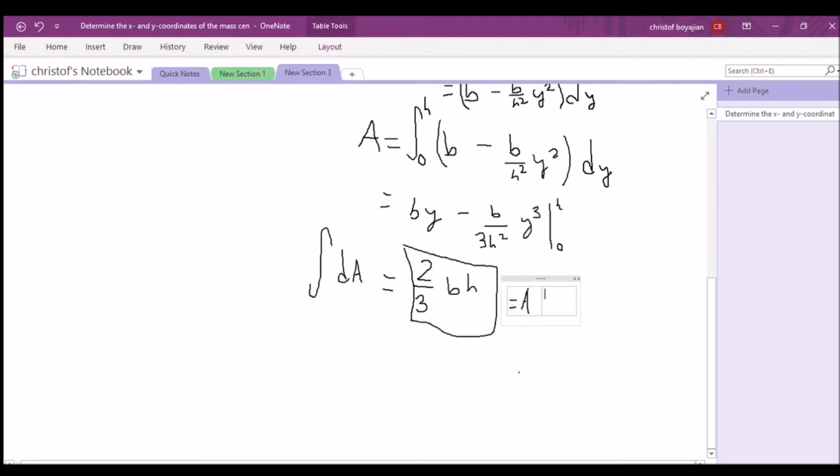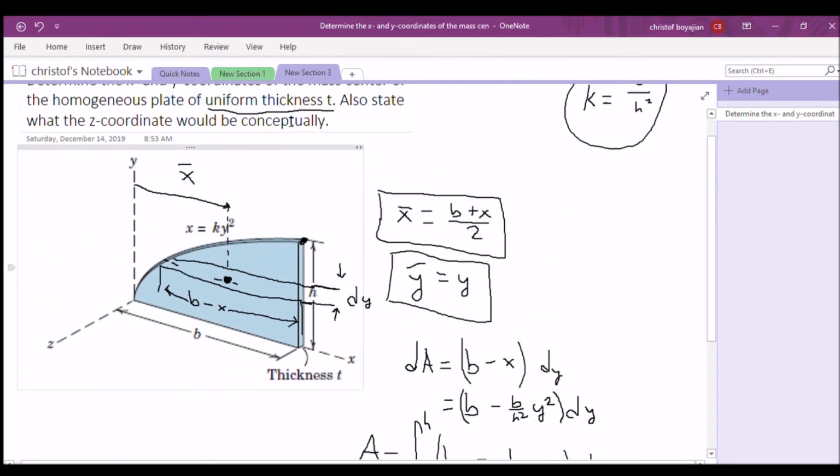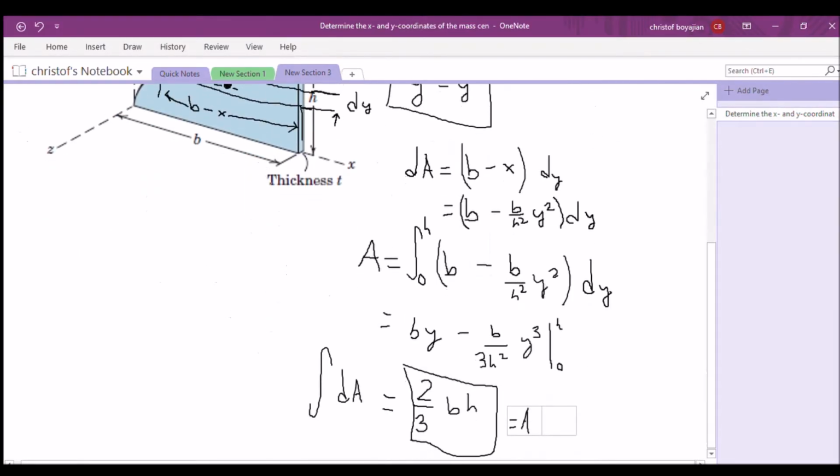Now we're going to continue and solve for our x and y coordinates of the centroid. All right, so let's do our x coordinate first. So I'm going to denote this as x sub c to denote that that is our x coordinate of the centroid.